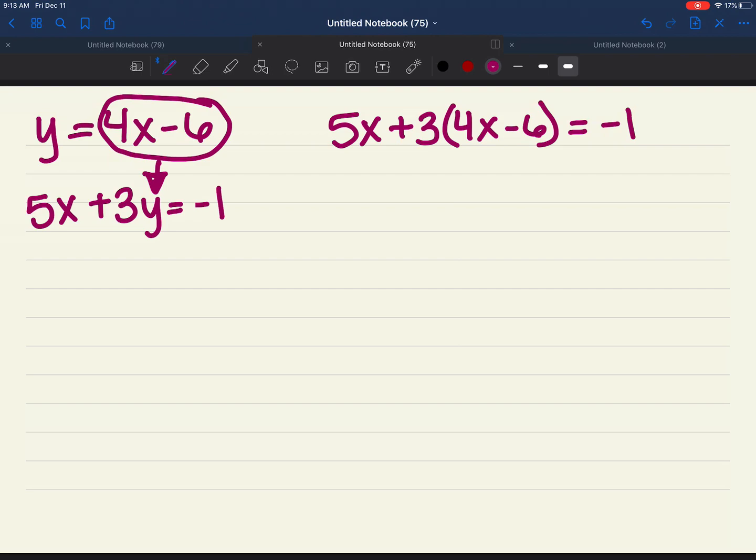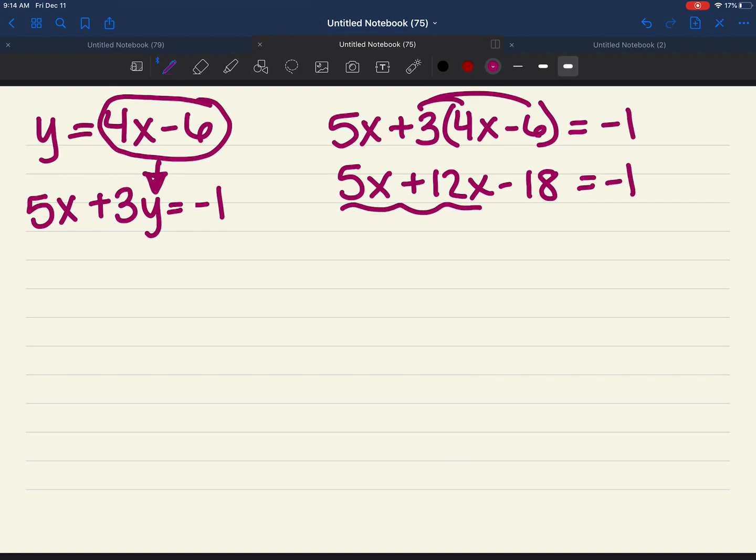Okay, can anyone solve from here? Do the distributive property. Okay, what do you get when you distribute that? 12x minus 18.